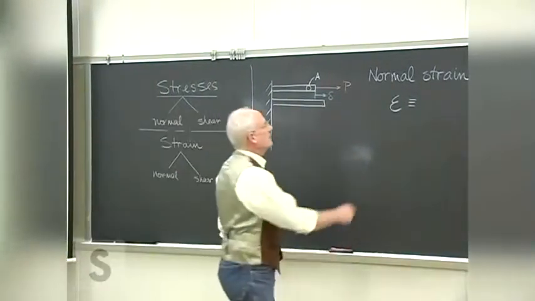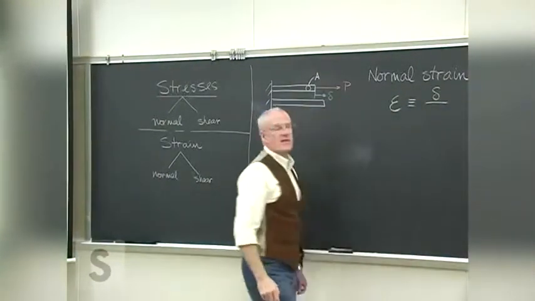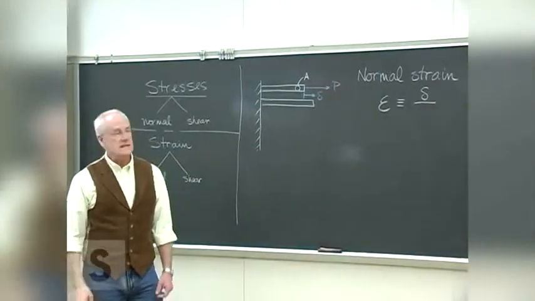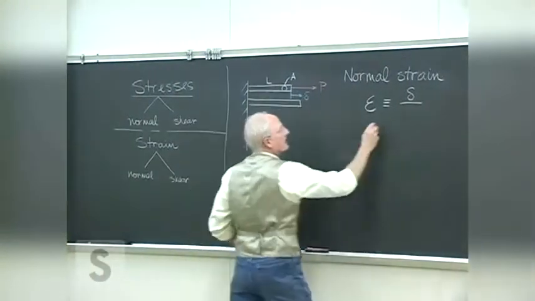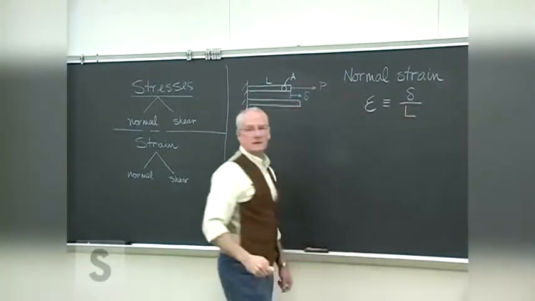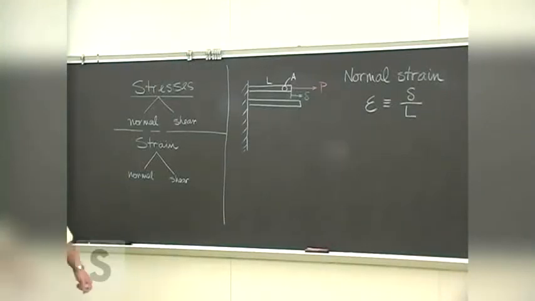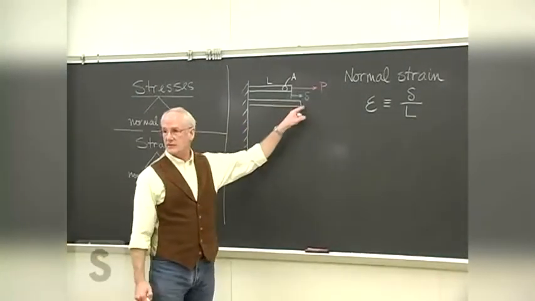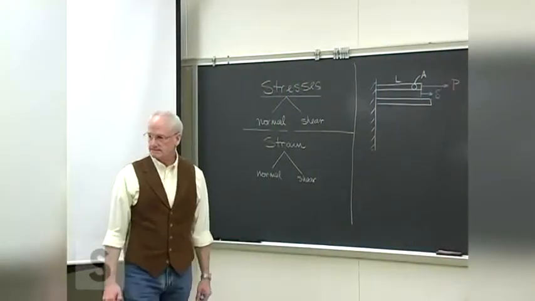Our definition of the normal strain, epsilon, is simply that amount of elastic deformation divided by the original length of the piece. Simple as that. Load a piece, measure how much it deformed, you can calculate then the normal strain on the piece.